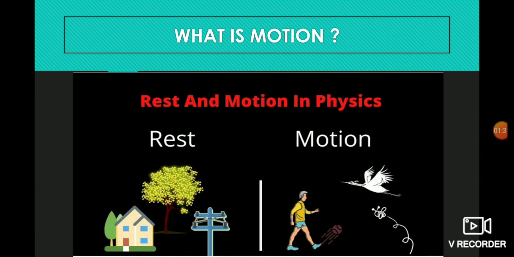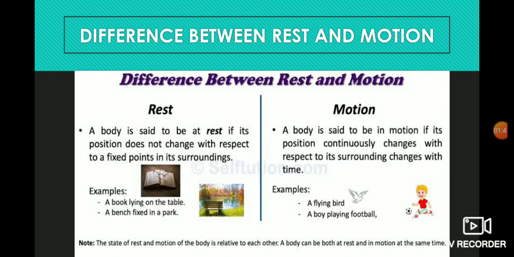So an object that is not moving is said to be at rest. If it is moving, then we say that it is in motion. Let us again see the difference between rest and motion. A body is said to be at rest if its position does not change with respect to a fixed point in its surrounding.